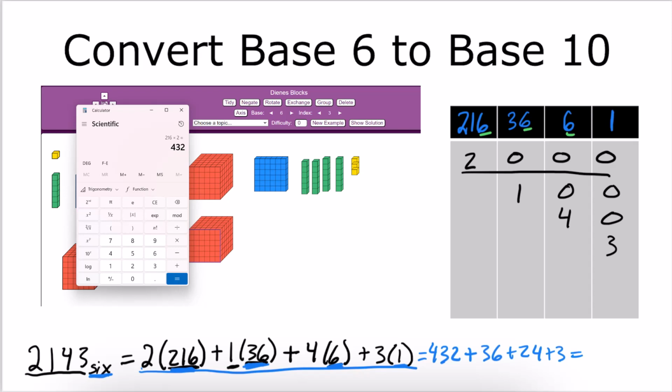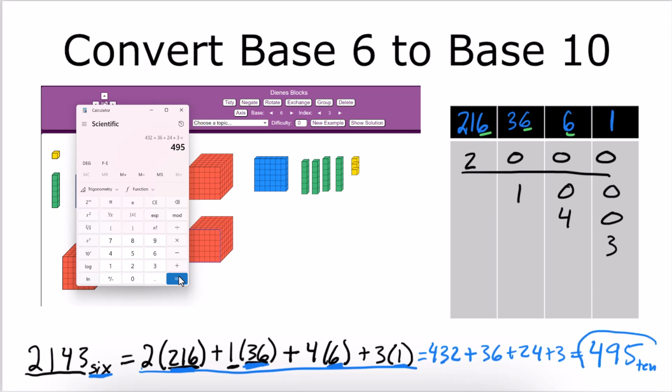And 3 times 1 is 3. And when I add all of these together, 432 plus 36 plus 24 plus 3 equals the number 495. And this is in base 10. You don't have to write that subscript because if it doesn't have a subscript, it automatically means it's base 10.